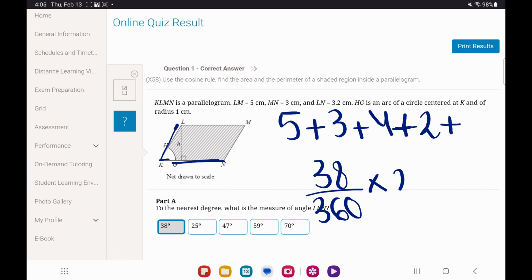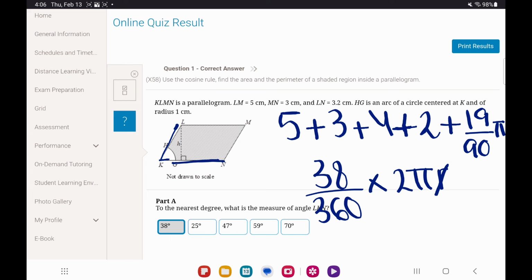Times 2 pi r, okay? So, r is 1, so we cancel it because you don't really need it. And now we do on our calculator 38 over 360 times 2 pi. You get 19 over 90 pi, okay? So plus 19 over 90 pi.